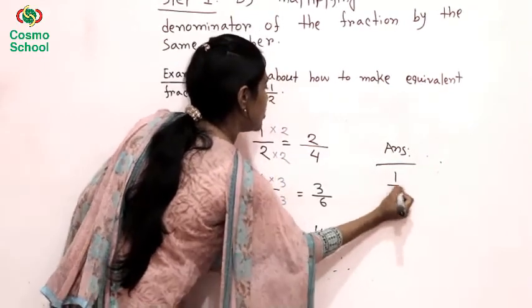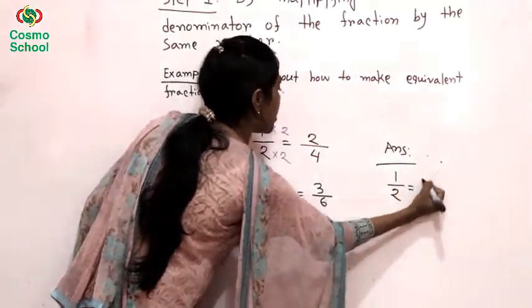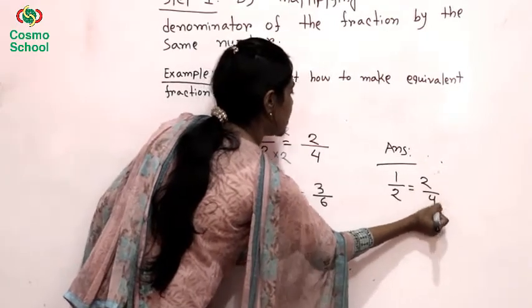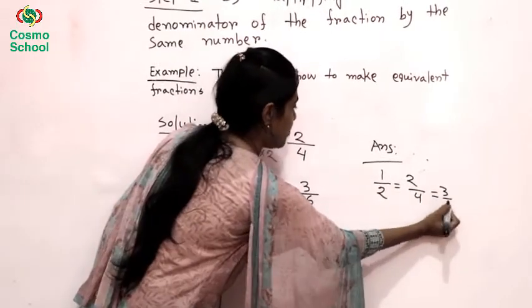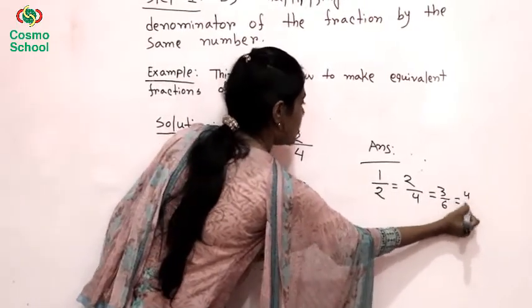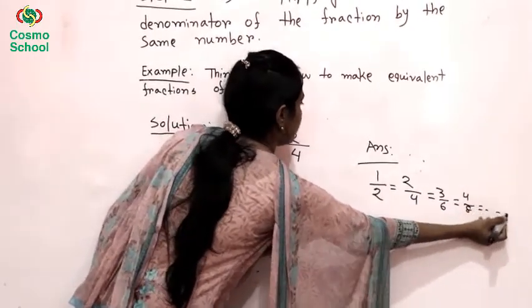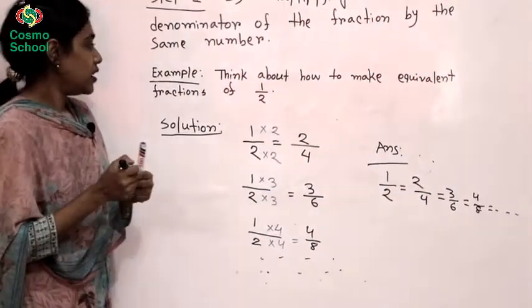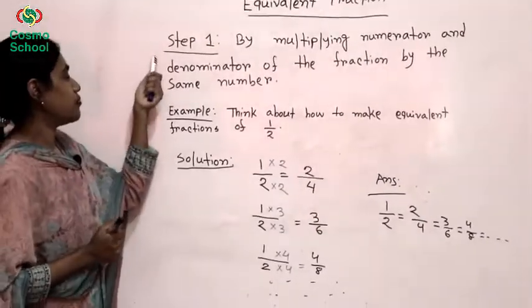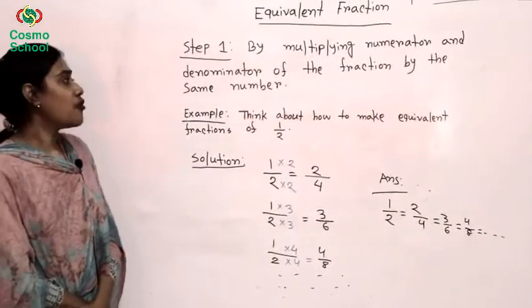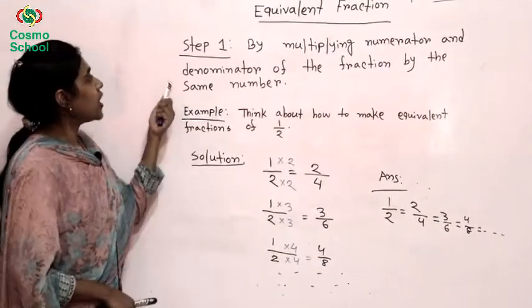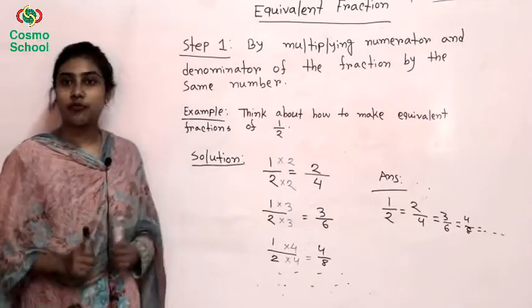This is the main fraction, half, and we get the answers 2 divided by 4, 3 divided by 6, 4 divided by 8, etc. It is the fastest step. Dear student, have you got it? Now I erase it and try to show step number 2.